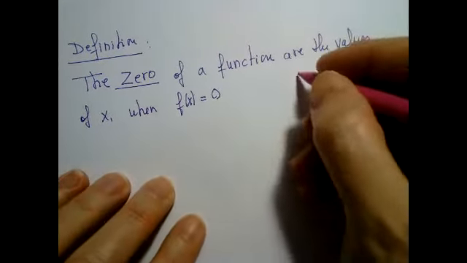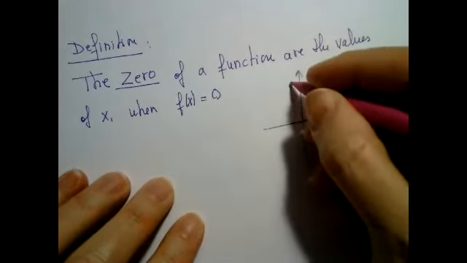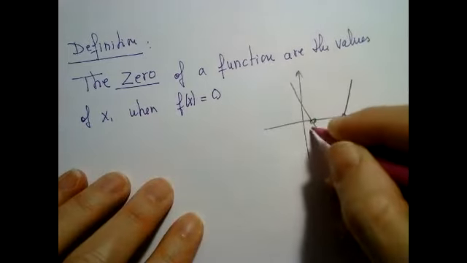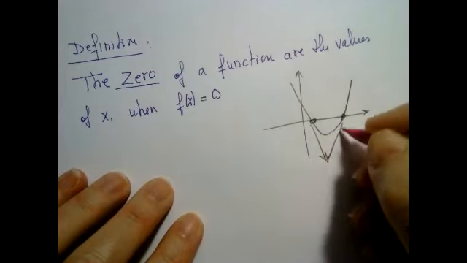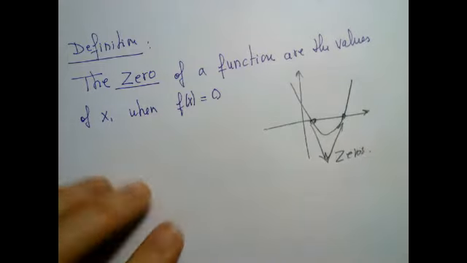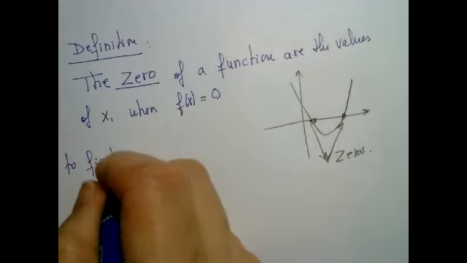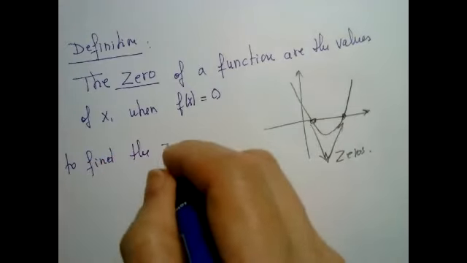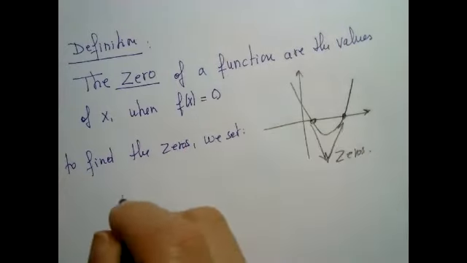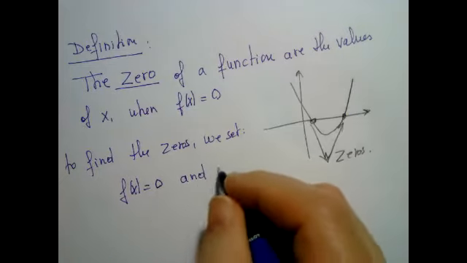Graphically, the zeros are here. Whenever you have a function, suppose it's a parabola, it doesn't have to be, these are what we call the zeros of the function. To find the zeros, we set f of x equal to 0 and solve for x.